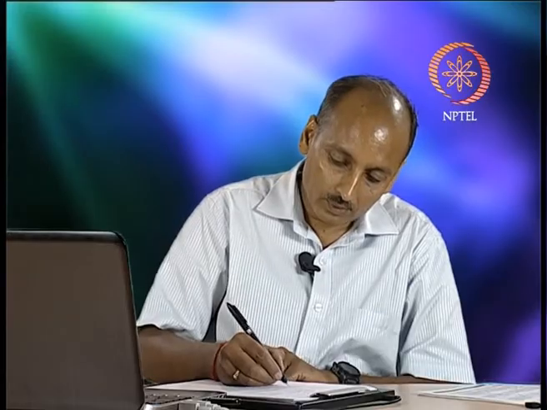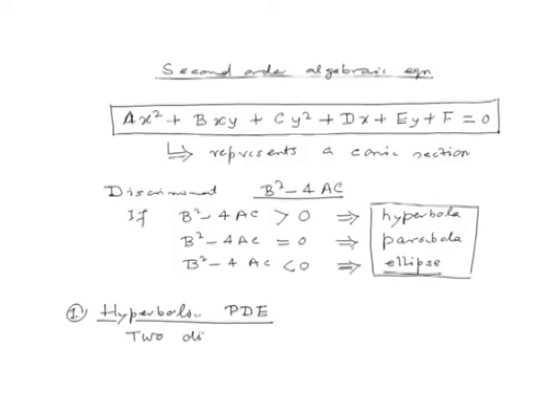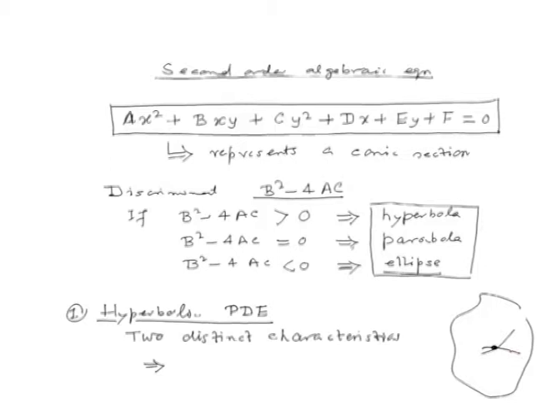Now, in the case of hyperbolic PDE, we have got two distinct characteristics. If you have got a problem domain and we introduce at some point some disturbance, that disturbance propagates along these characteristic lines.